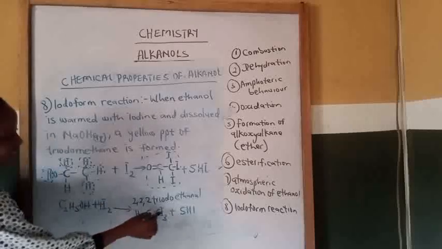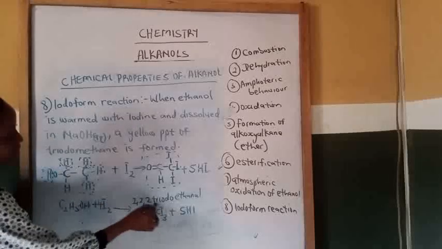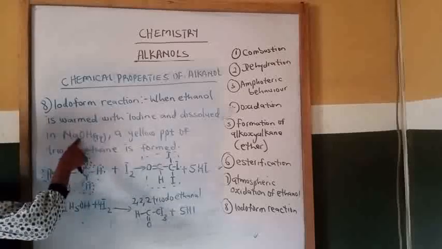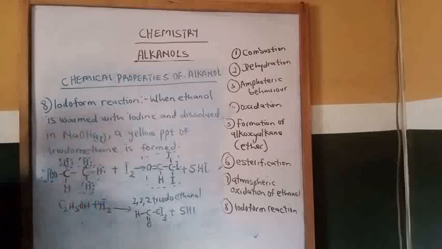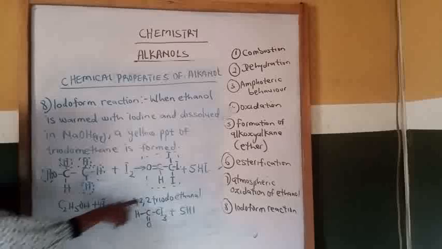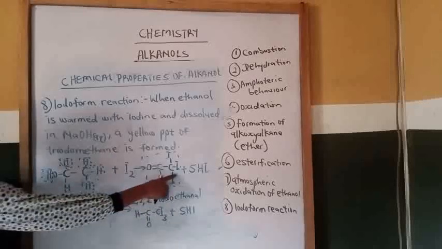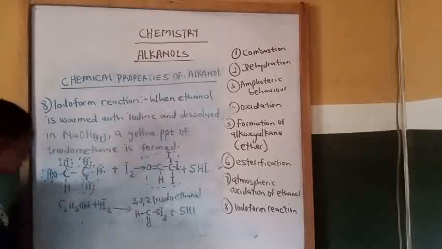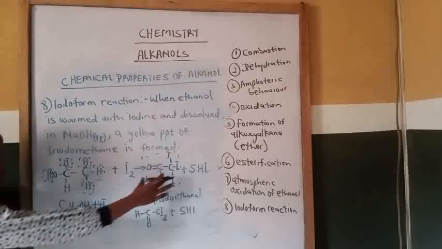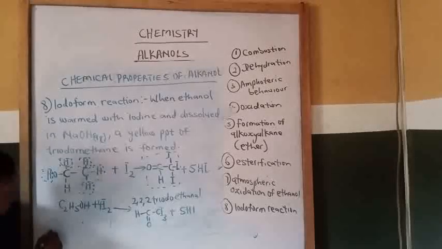So our product here, then we add what? Sodium hydroxide. We then add sodium hydroxide to our product from the first reaction. So this is our product from the first chemical reaction. So I'm going to use this structural formula now. Oxygen with double bond, C. Then we have hydrogen.